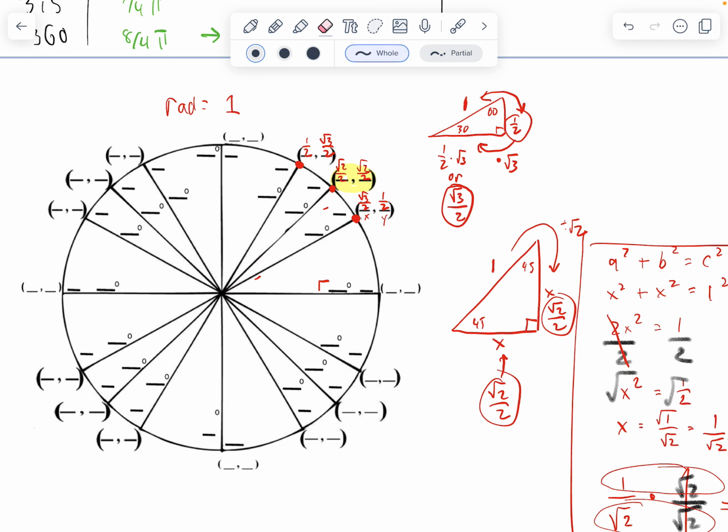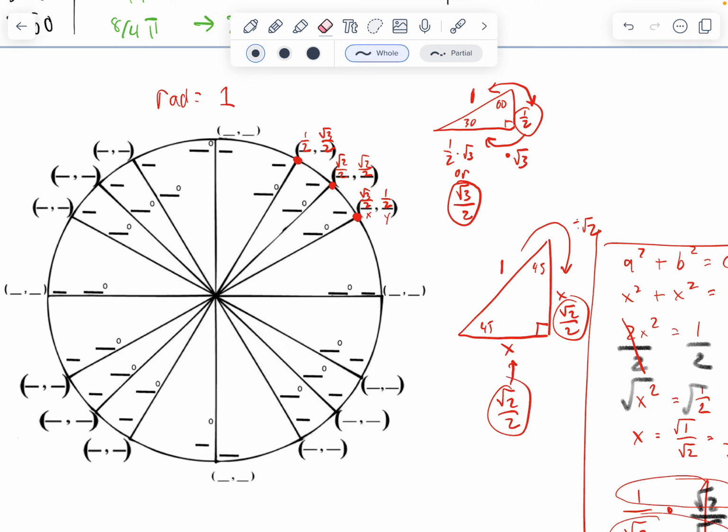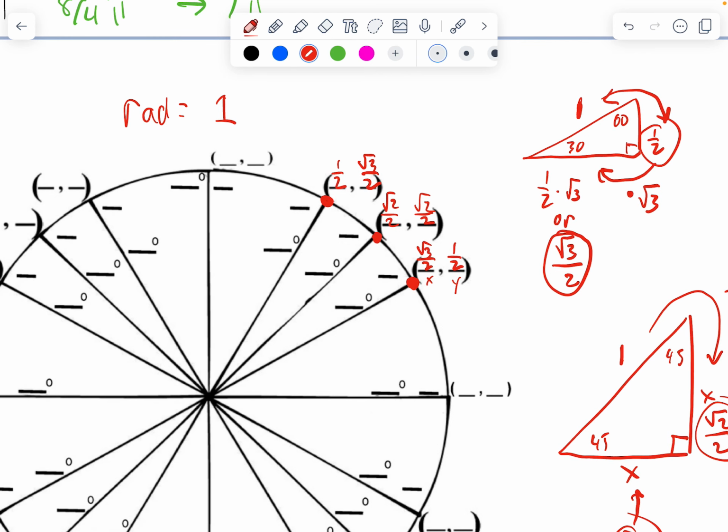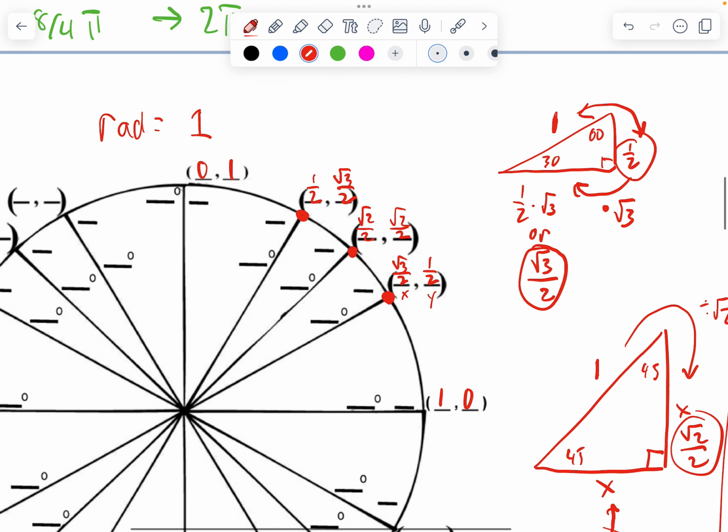All right, so let me clean up this right here to give us a little easier time to see. Okay, so what I want you to do, and I'll just write these two as well, I want you to take a moment and look at patterns here, because eventually we're going to need to memorize this.